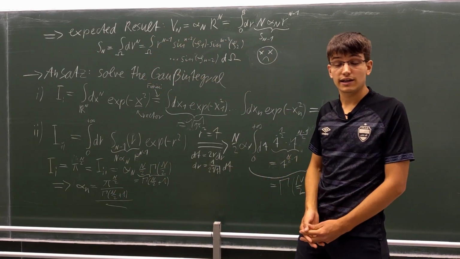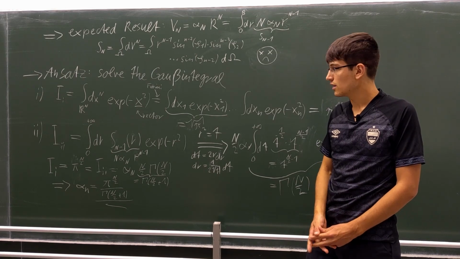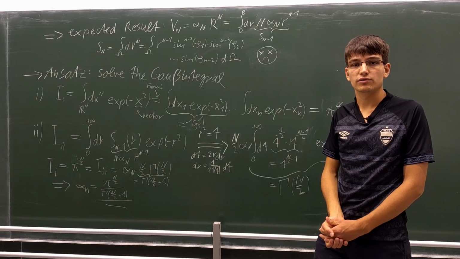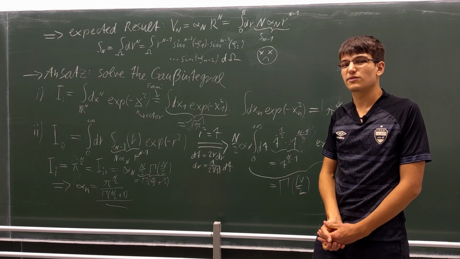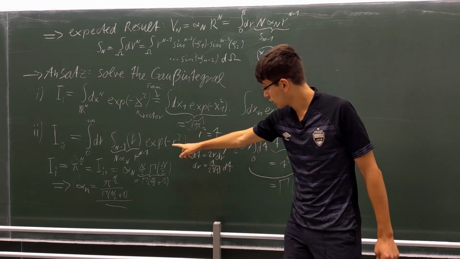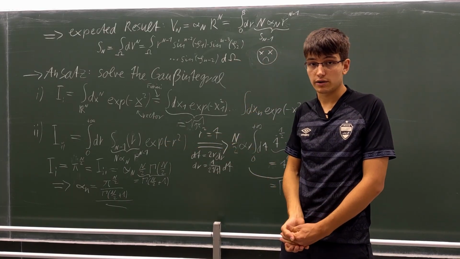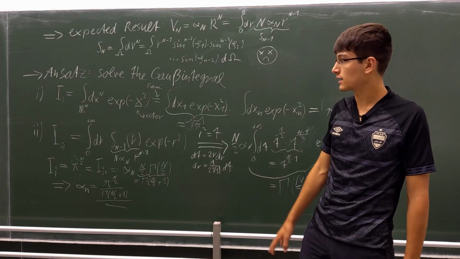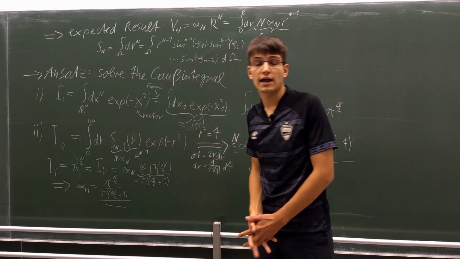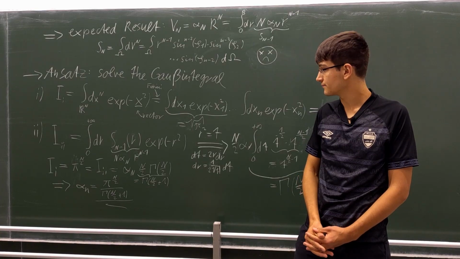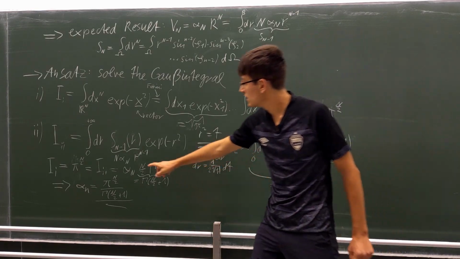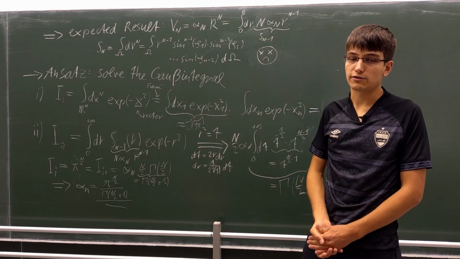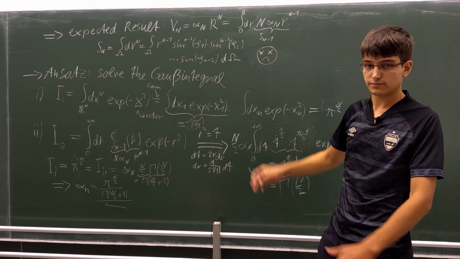Regarding the integration in spherical coordinates, we have an integral from 0 to plus infinity over the radial component r, and then we have an integration over the solid angle. Our function does not depend on the solid angle, so we can directly write the integration over the solid angle in the form of the n minus 1 dimensional surface, which we can write as n times alpha n times r to the power of n minus 1, which we have proven here.